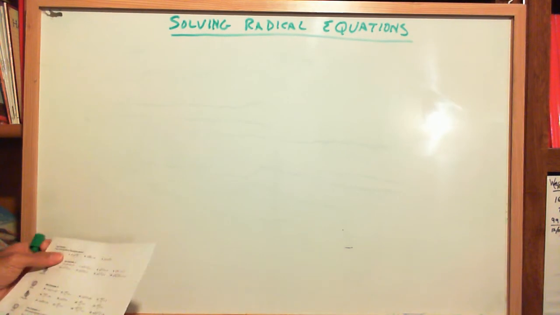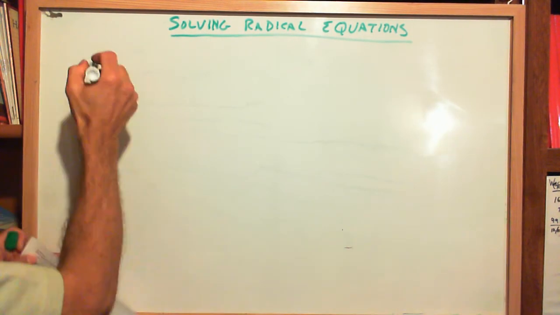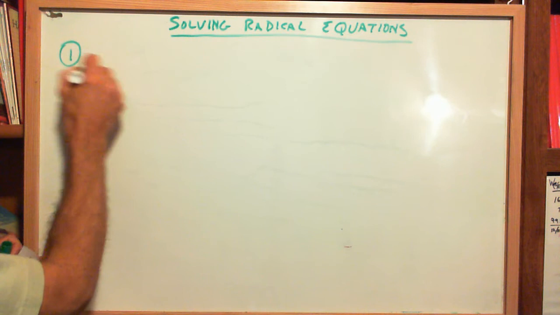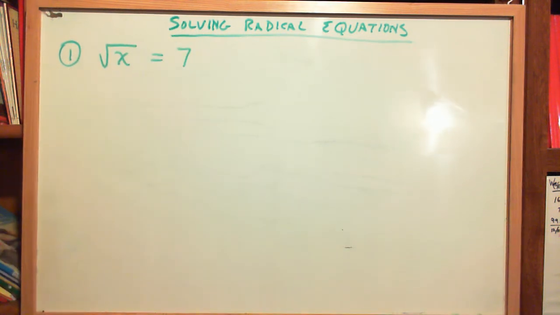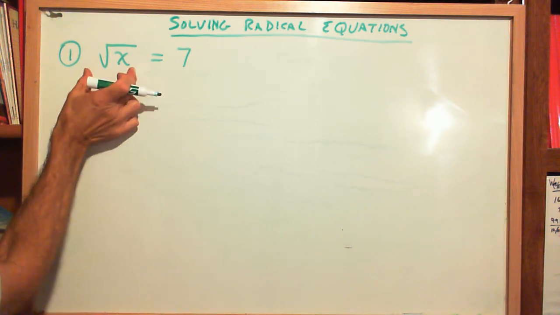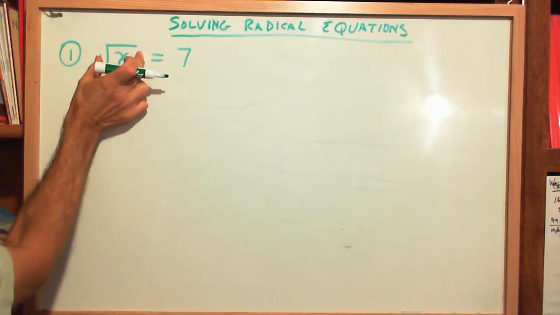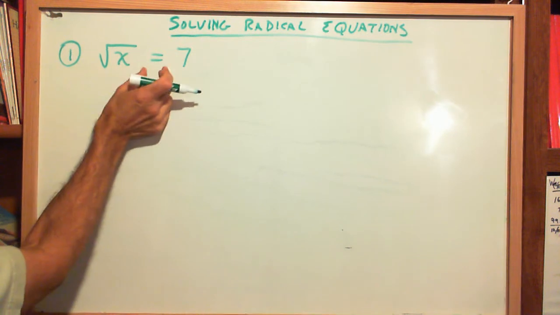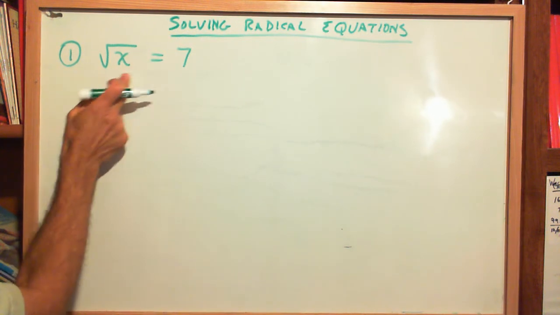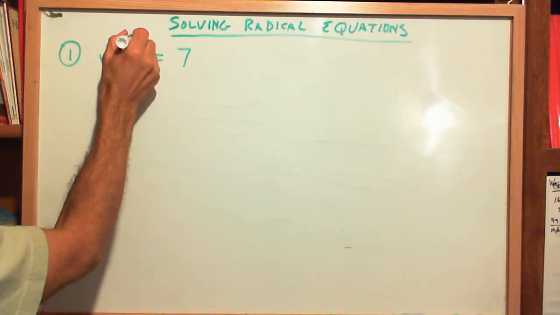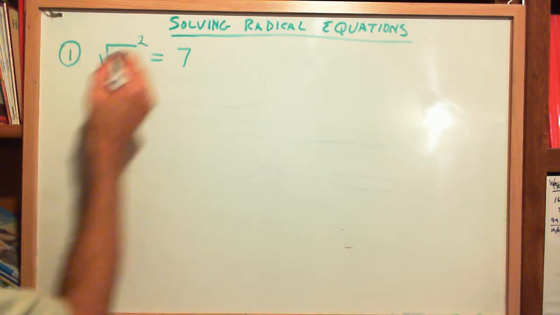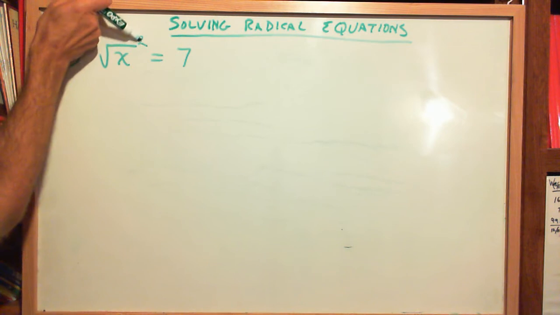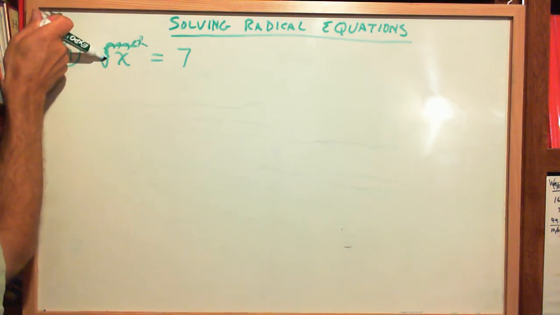Very, very simple. So the first problem, start very simple. The square root of x is equal to 7. Well, as long as my square root is the only thing all by itself on the left side of the equal sign, then I can square this side. Remember what squaring does? Squaring gets rid of your radical.